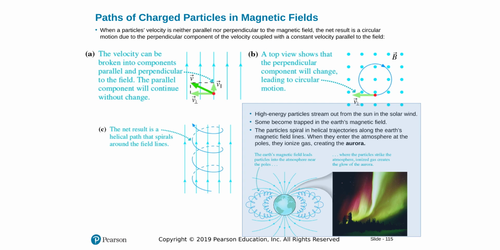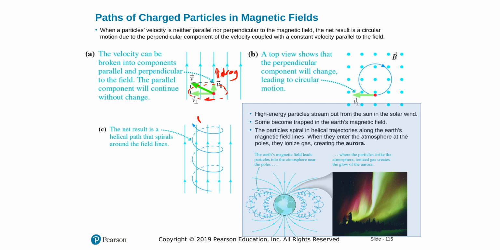If a particle goes into the magnetic field with an initial parallel speed, that parallel speed will drag it along the magnetic field. And the perpendicular one will cause it to rotate around the magnetic field.